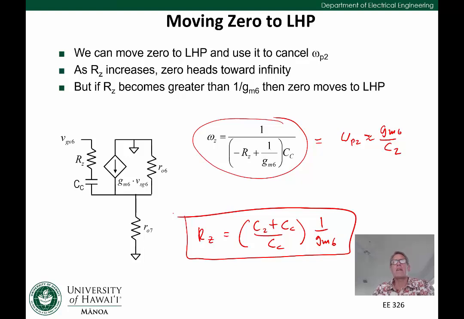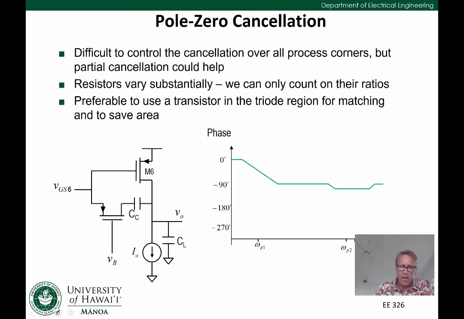Now, this is a nice concept. However, it is subject to movement, because we can't quite predict it; there's variation, for example, in the resistor. So in practice, it's difficult to cancel that second pole over all the process corners.